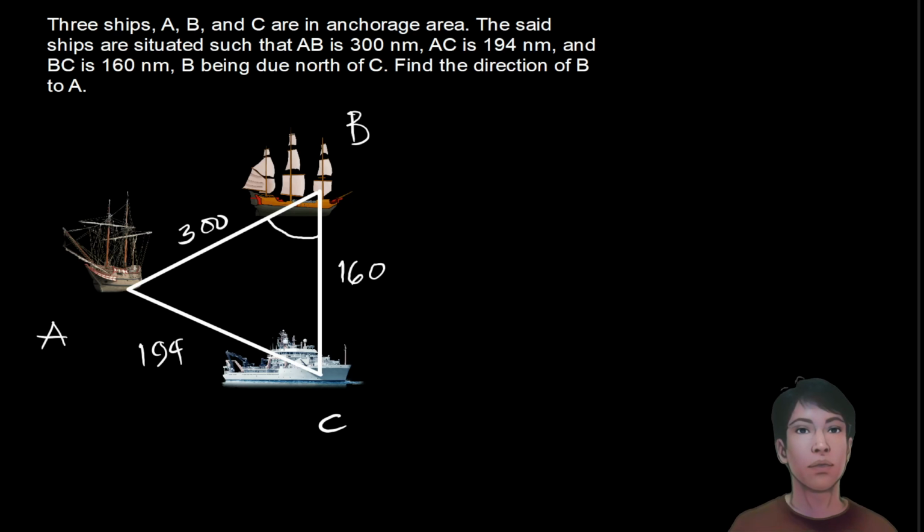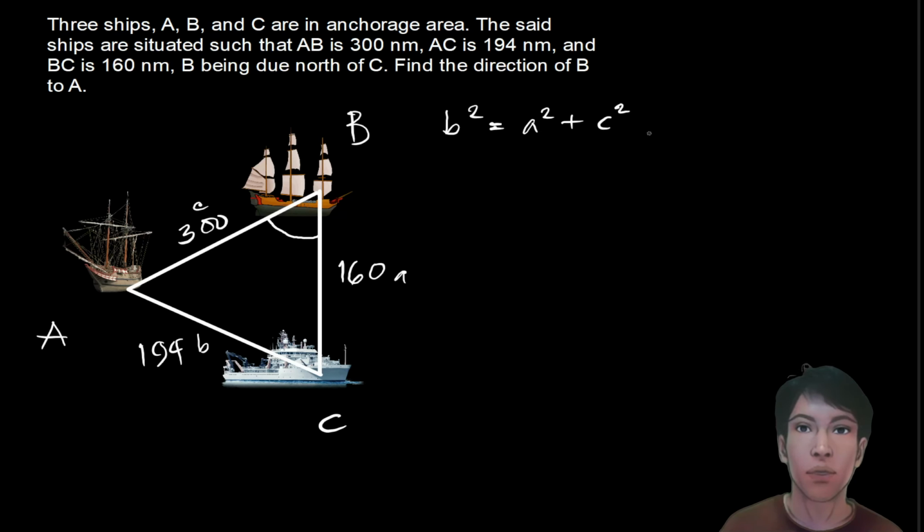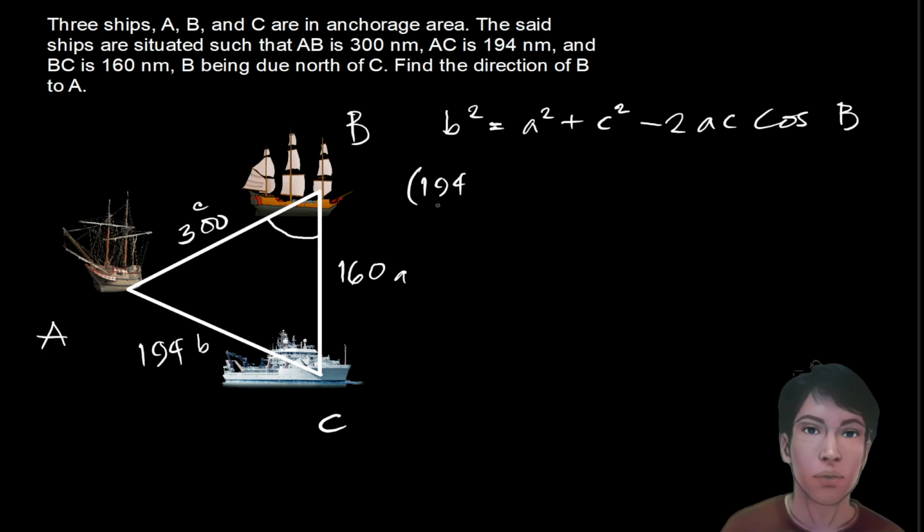So we will employ cosine law. If this is B, then this should be side B, and this is side A, and this is side C. So B squared is A squared plus C squared minus 2AC cosine B. B is 194, so 194 squared.